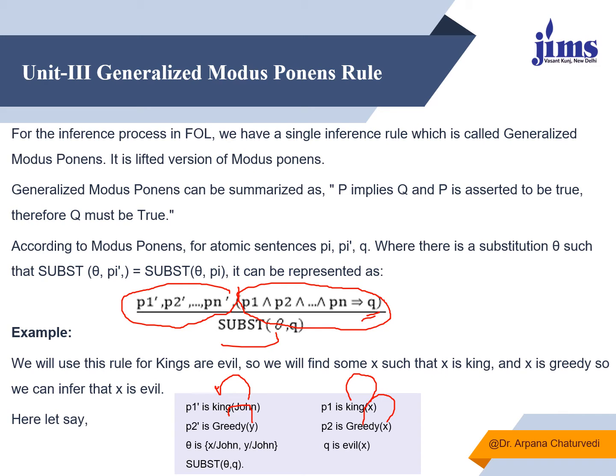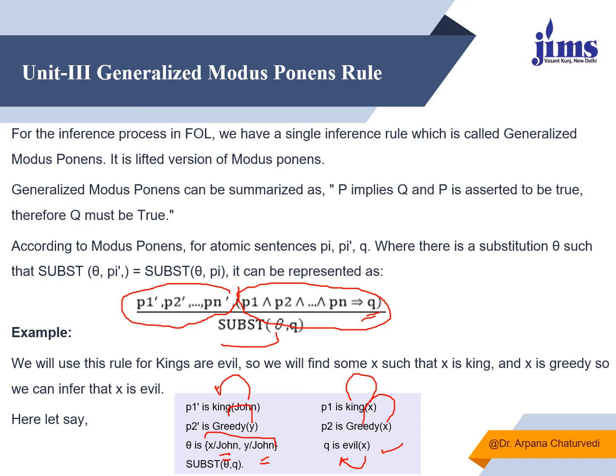Then we can say that x can be substituted by John and y can also be substituted by John, and then this is evil, because a person who is a king as well as greedy is evil, so we can say x is evil. So here we have substituted theta into Q. This is a theta wherein we are replacing x with John as well as y with John.